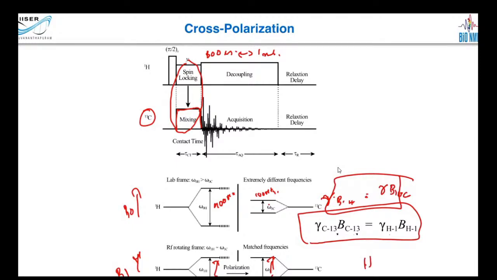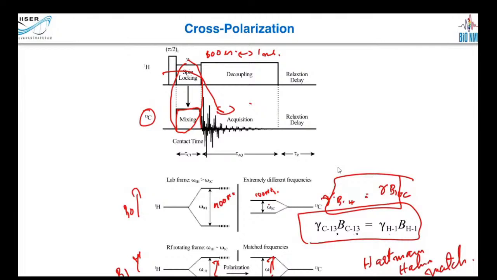This is called the Hartmann-Hahn match, Hartmann-Hahn matching. Unfortunately, he did not get the Nobel Prize. So this matching lets us easily transfer magnetization from proton to carbon, and then you acquire on the carbon-13.